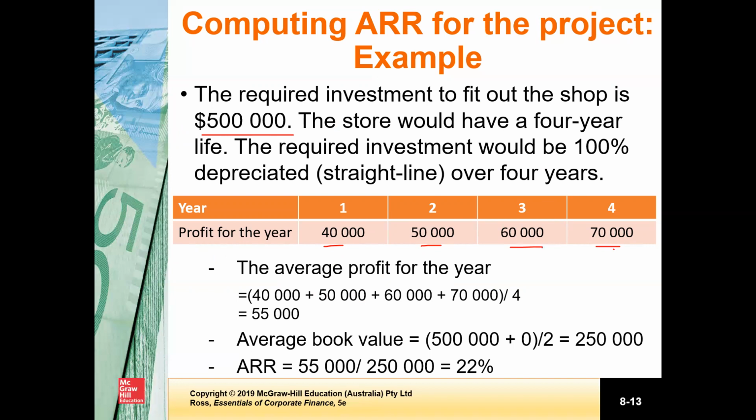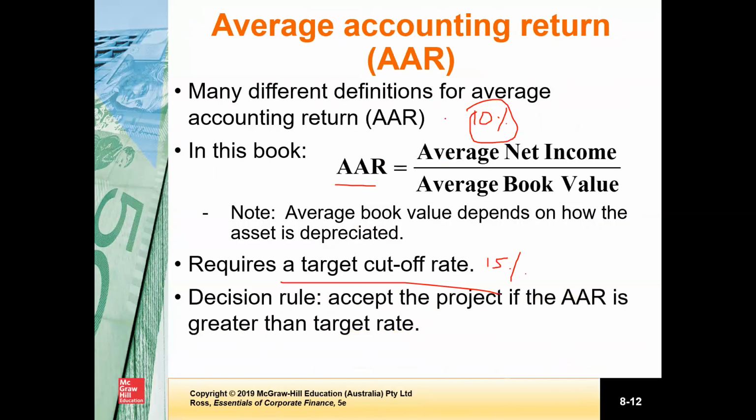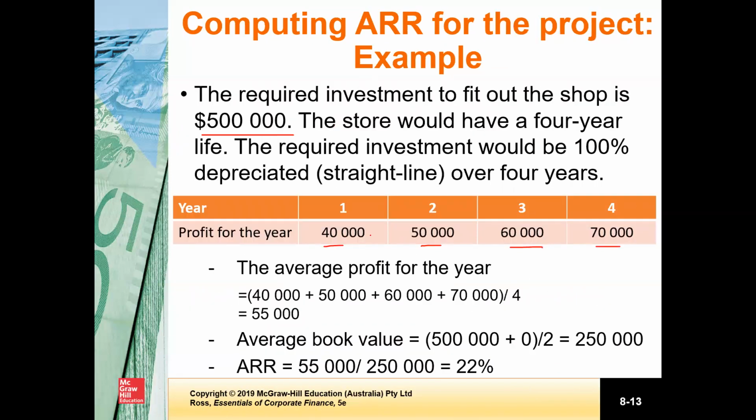So you remember our formula was average net income divided by average book value. So this is the profit every year, and we take the average of the profit. So the average of the profit is $55,000. And now, what is the average book value?